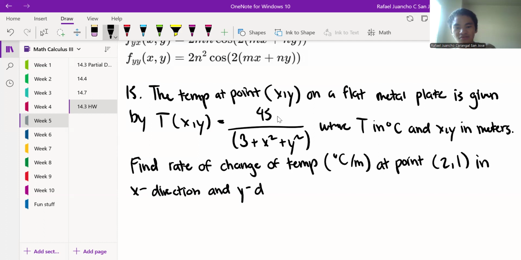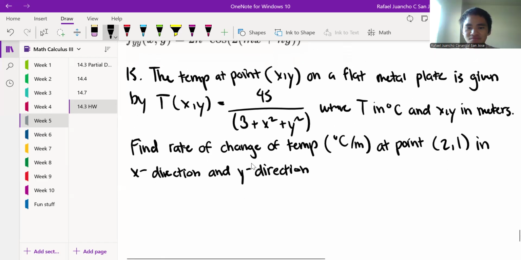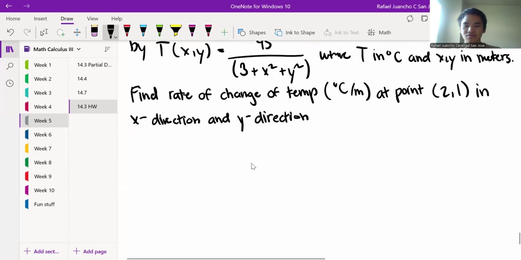So here, this is kind of obvious as to what it's asking. It's asking us to compute partial derivatives. So in the x direction, you want to compute with respect to x. And then in the y direction, we want to compute with respect to y.